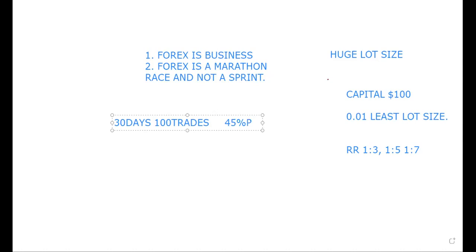Then you lose 55 trades as your losses. So we are still going to calculate it. Maybe at the end of the day, you will still be profitable or not. Then let's quickly calculate this for the RR now, 1:3.